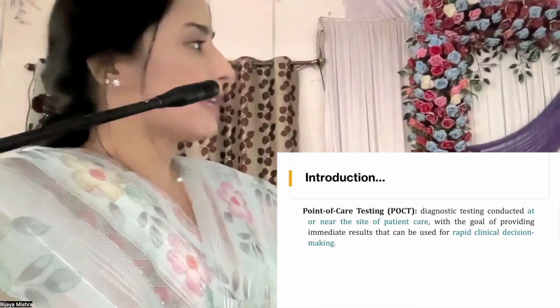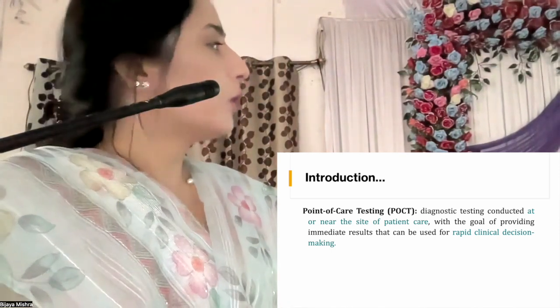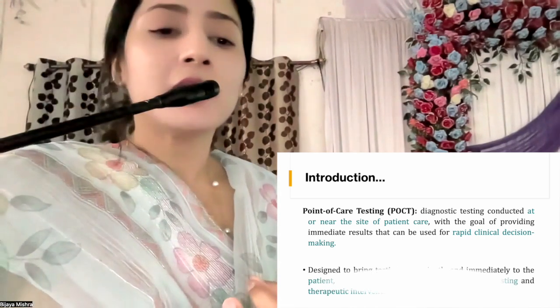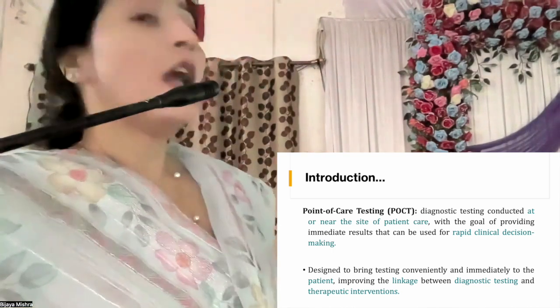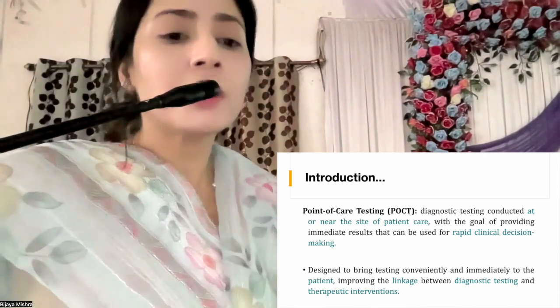So it is diagnostic testing conducted at or near the site of patient care with the goal of an immediate result that can be used for rapid clinical decision making. And this will ultimately improve the linkage between diagnostic testing and therapeutic intervention. With emerging technologies and innovation in healthcare, like smartphones, biosensors, lab on a chip, and wearable devices, point of care technologies are quickly becoming part of the transformation of the healthcare landscape.